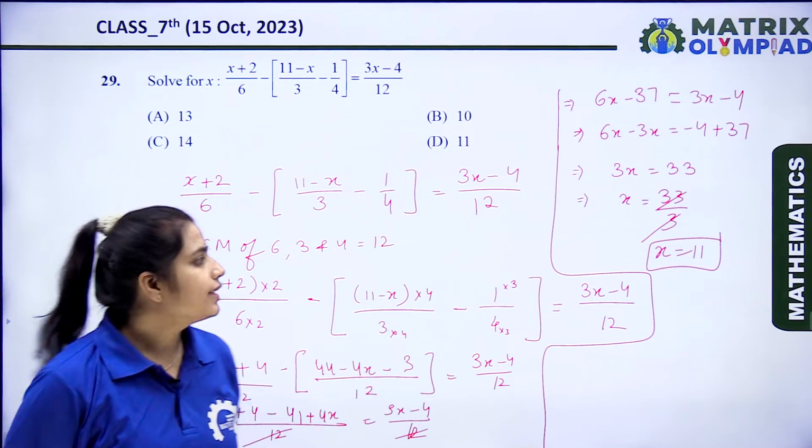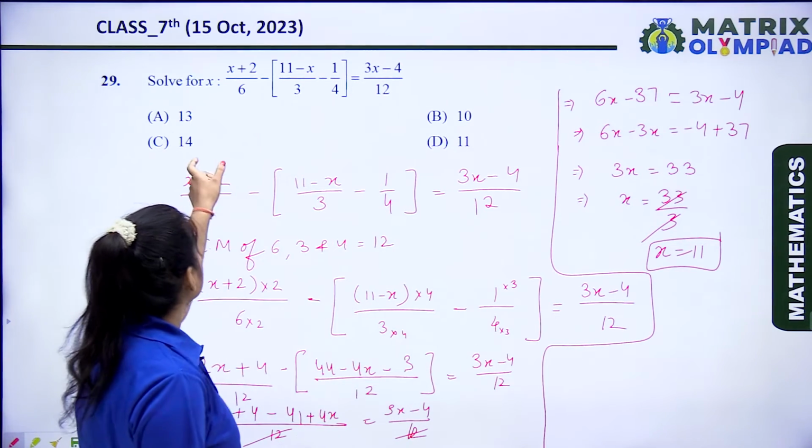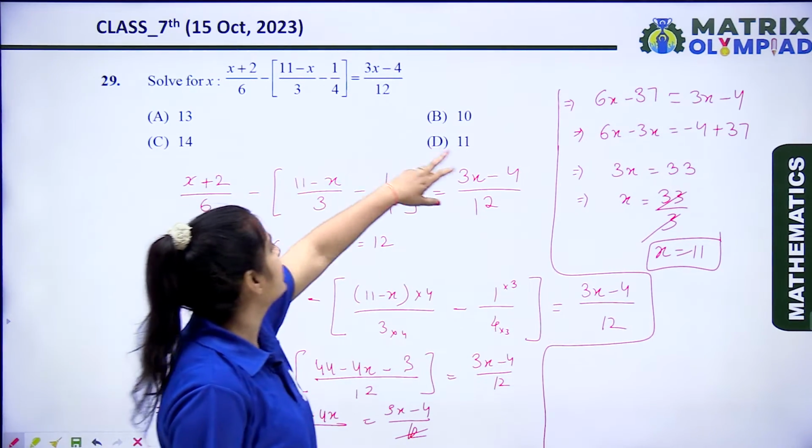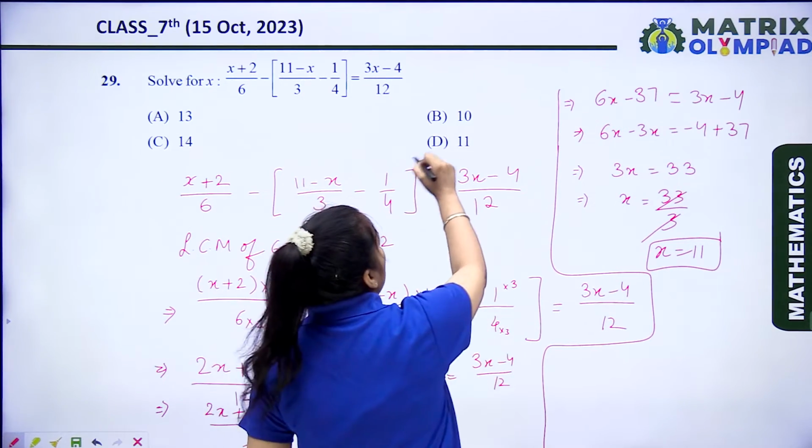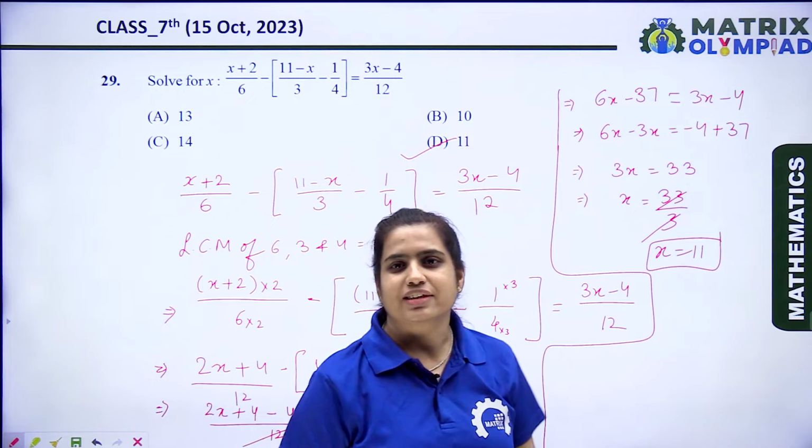So our answer is 11. Here option A is 13, B is 10, C is 14 and D is 11. So the correct answer is option D, that is 11.